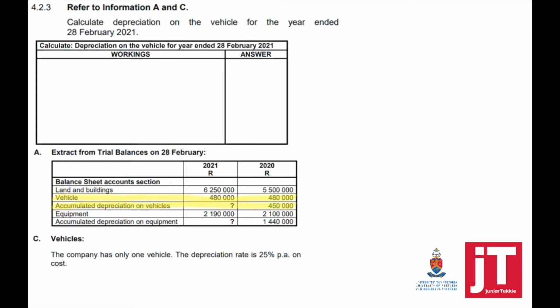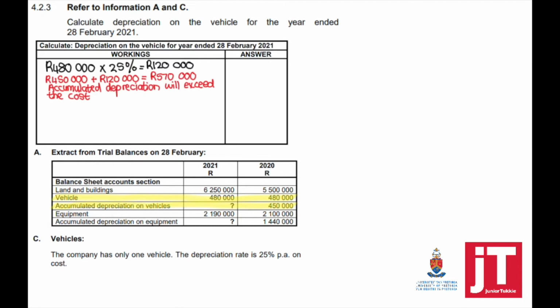Now be very careful with this. If you calculate 480,000 times 25%, because we have to do it on the cost, it equals 120,000. Now this is a common mistake. We calculate the depreciation and we move on.